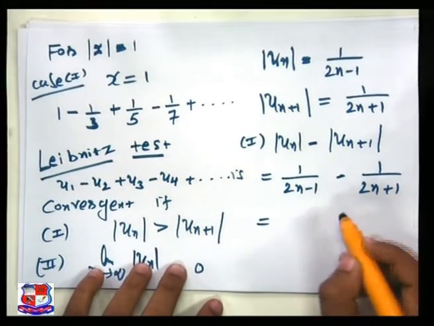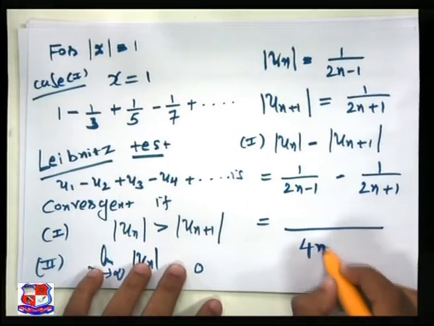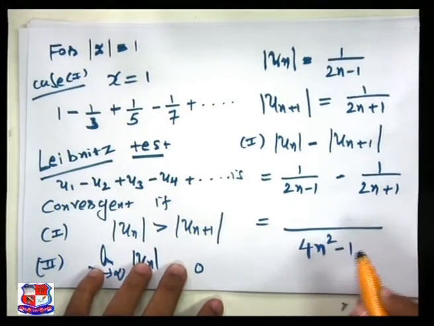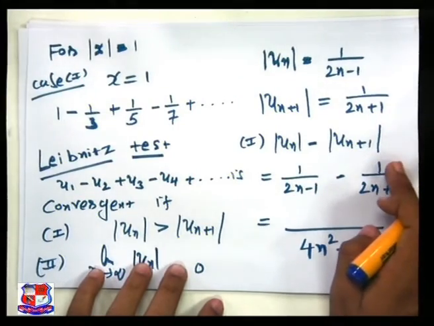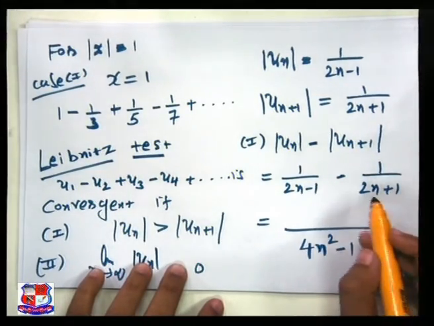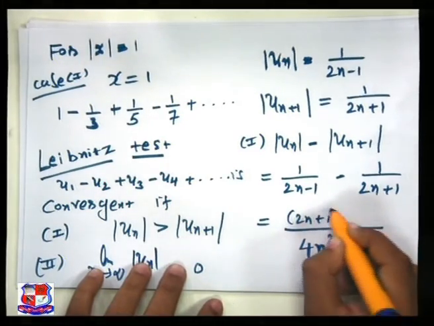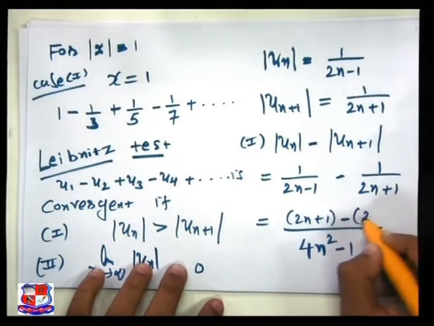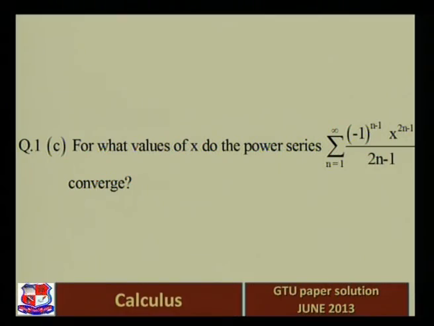When we take the LCM, in the denominator we get 4n square minus 1, that is 2n plus 1 into 2n minus 1, and in the numerator 2n plus 1 minus 2n minus 1, so you get 2 upon 4n square minus 1, so that is always greater than 0.